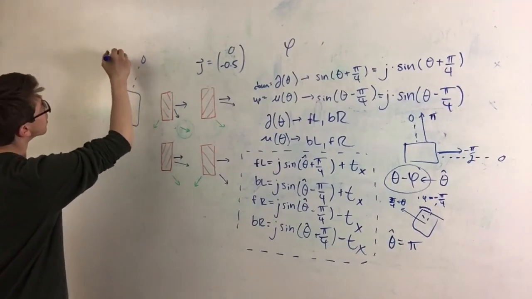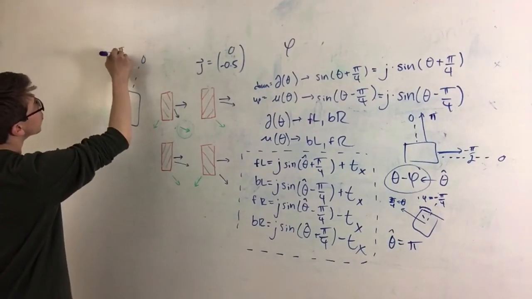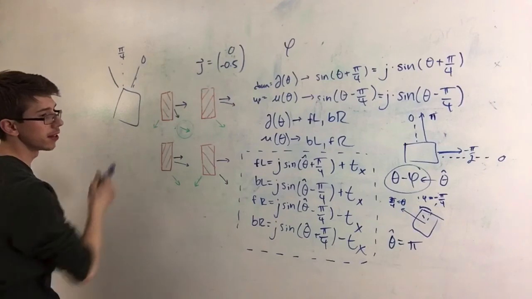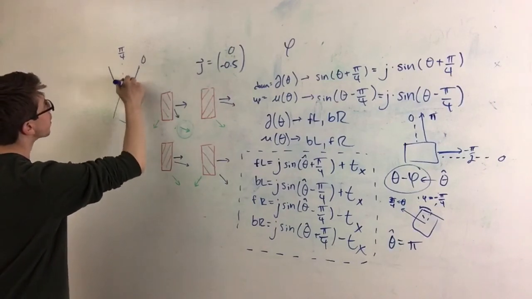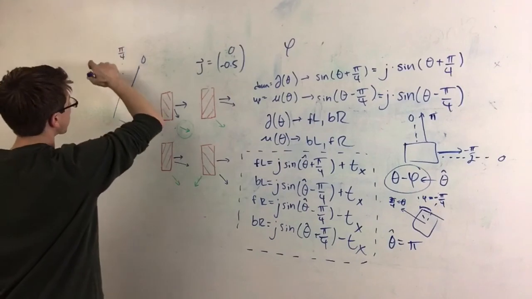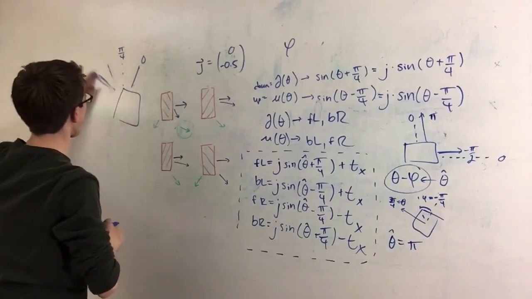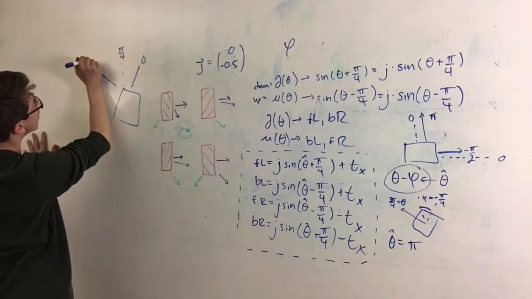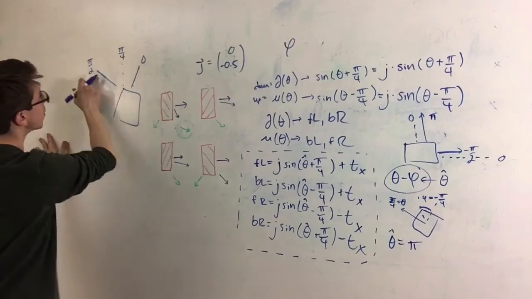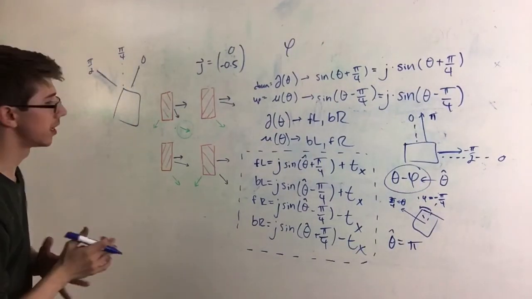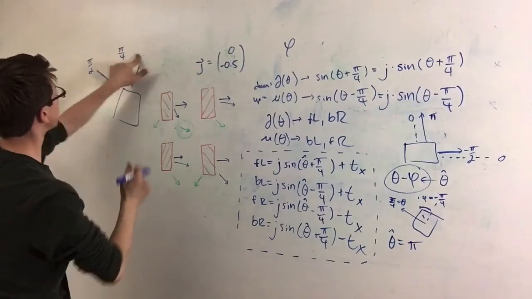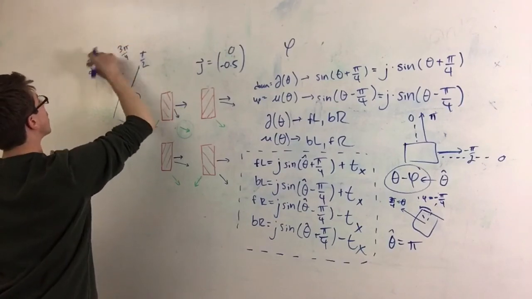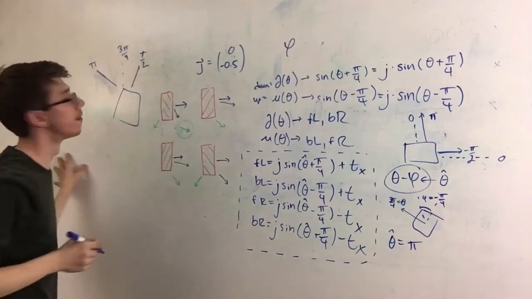This is now pi over 4, and this right here for direction of motion is now pi over 2. Right? But then we need to think about it in terms of relative to the joystick. So this is pi over 2. This is 3 pi over 4. And this is pi. Right?